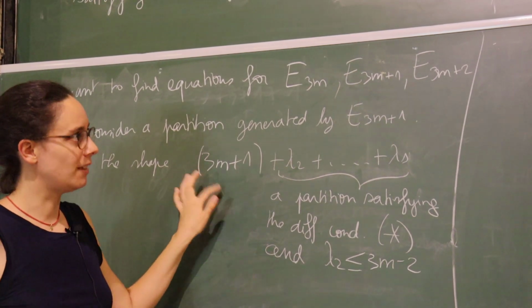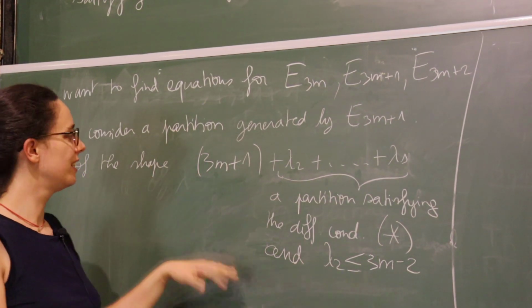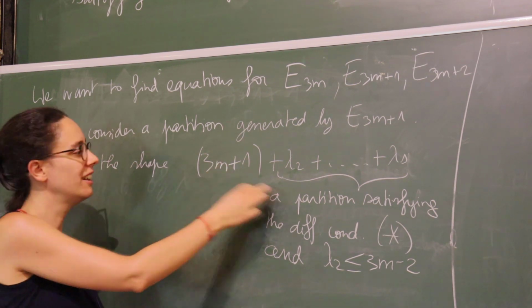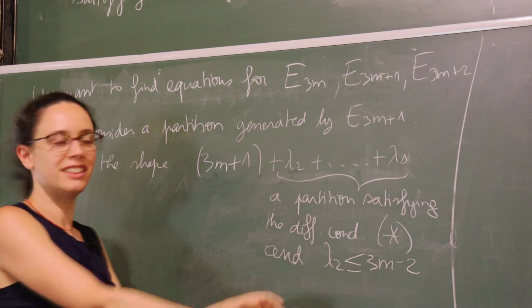And in terms of generating functions, again, you can see this as a pair where the first element is this one and the second element is this partition.